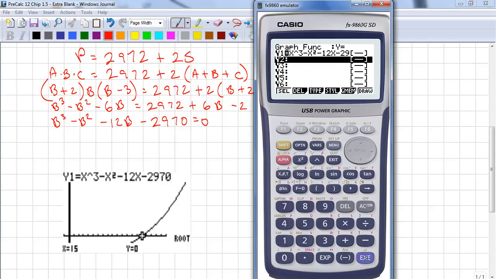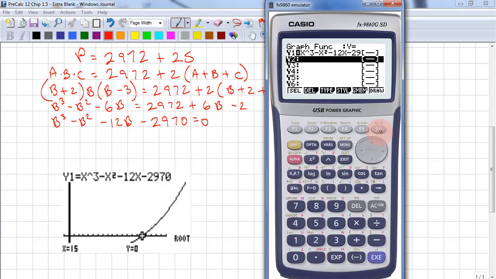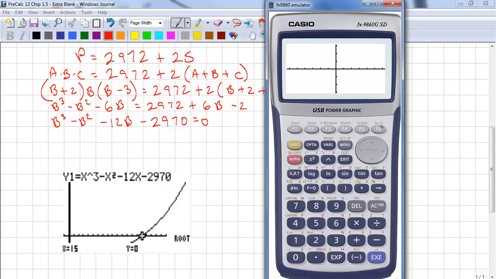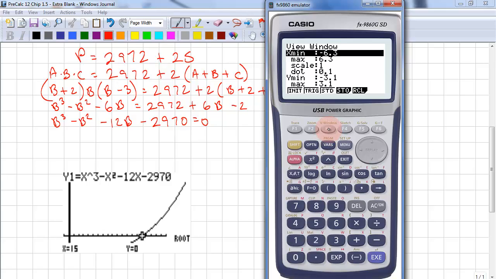And we need to set a proper range for this. But let's hit draw first. And nothing shows up, which is not surprising because we haven't set our range yet. X should be negative 1 because we don't really have negative ages. Since this is an age problem, we'll start off with, say, 30 as the maximum.